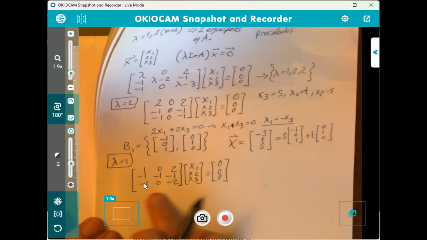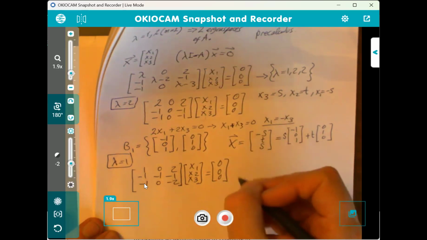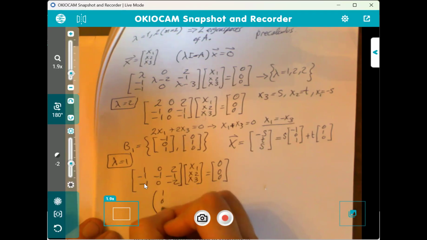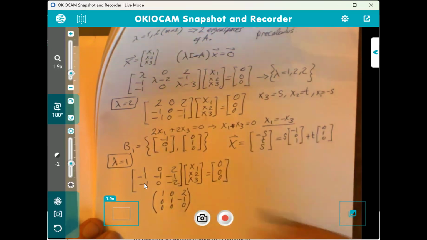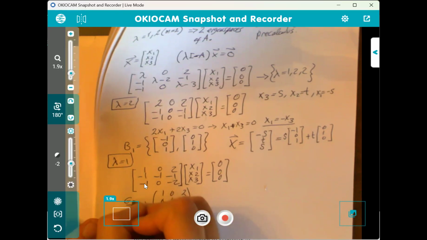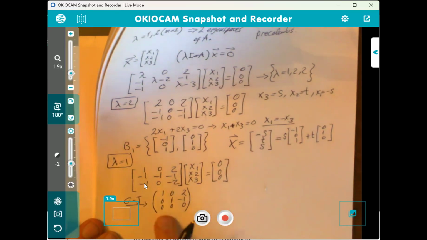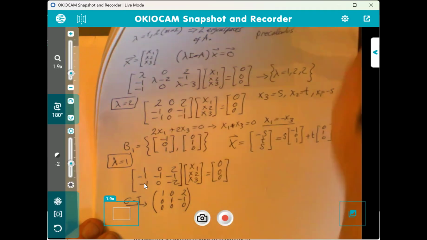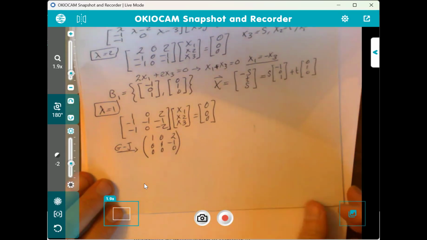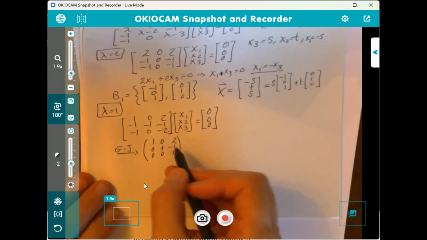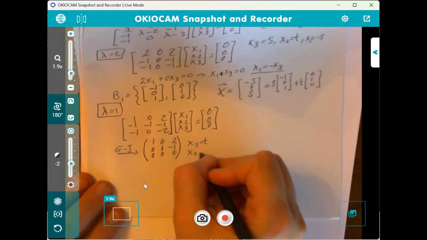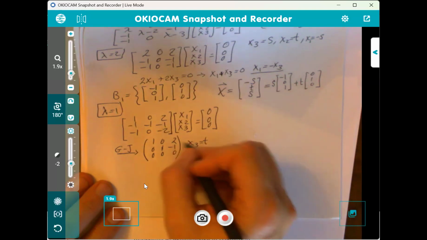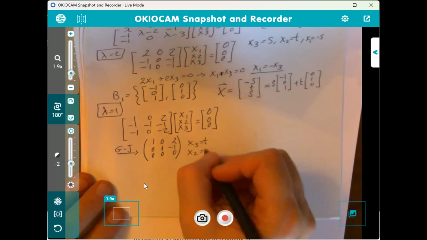You do Gauss-Jordan on this, and the solution turns out to be 1, 0, 0, 0, 1, 0, and 2, -1, 0. That's doing Gauss-Jordan on A. And from this, again, we have a row of zeros, so that means we have parametric solutions. The free variable is x sub 3 here, so I let x sub 3 be t. X sub 2, move -1 to the other side of the equal sign, becomes +1, so it's t also.